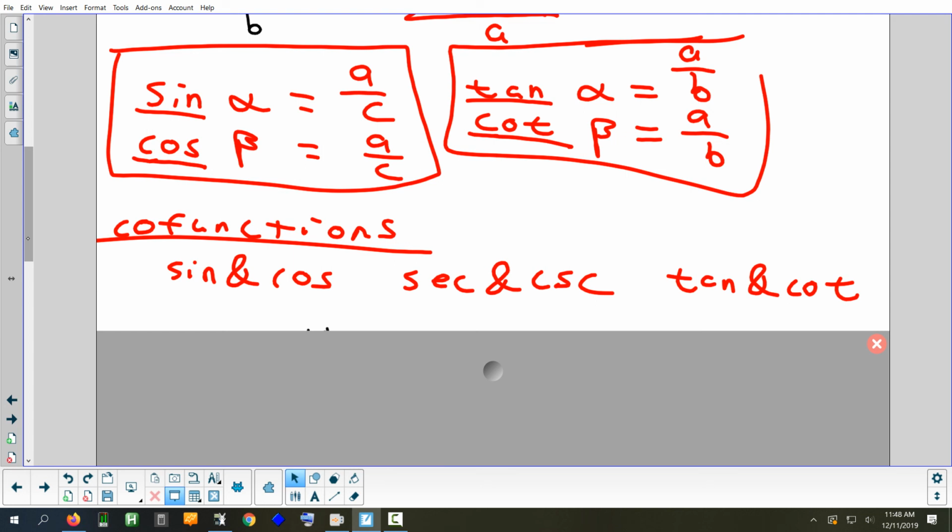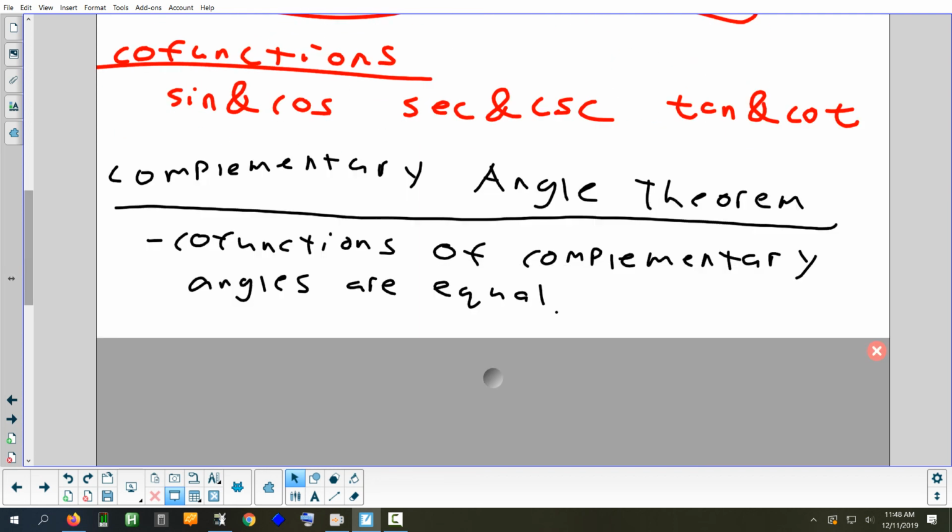Tangent and cotangent have two special relationships. They're reciprocals, but they're also what we call cofunctions. So, the connection between these, they're cofunctions. The connection between these angles, complementary. And that gives us that theorem, the complementary angle theorem.